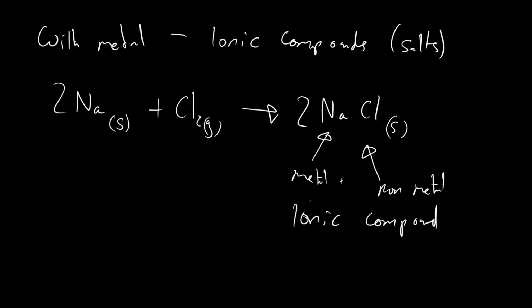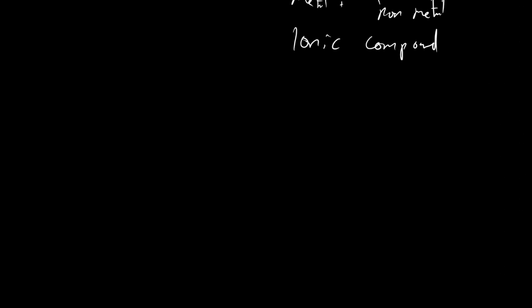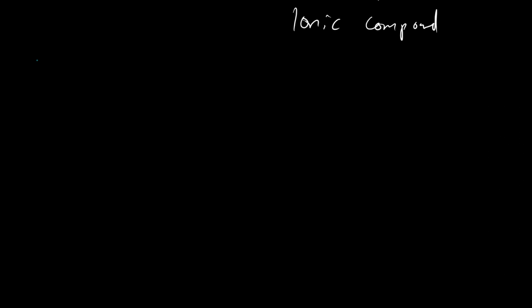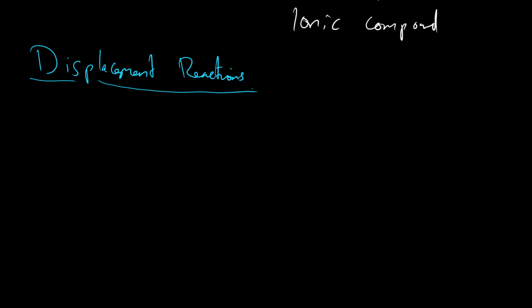Okay, so finally what we're going to have a look at is displacement reactions. Now you'll have heard this term before, and it is very similar to the displacement when you're using metals in the reactivity series. Basically the same thing.